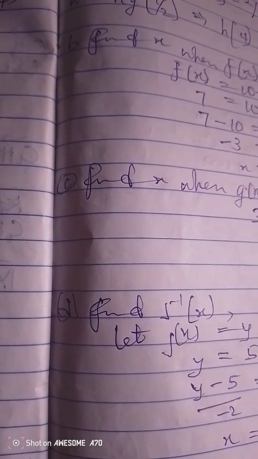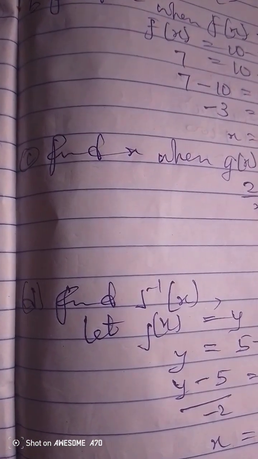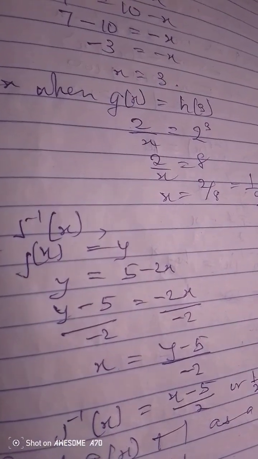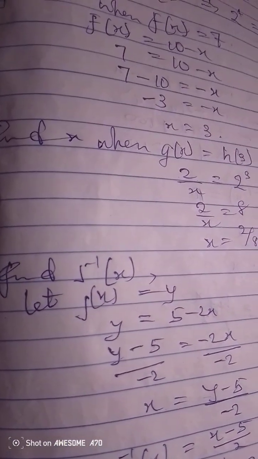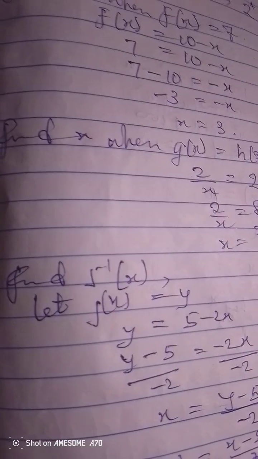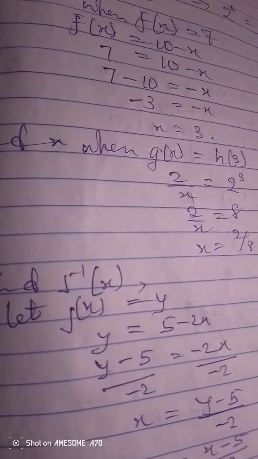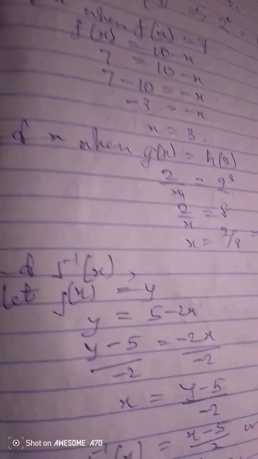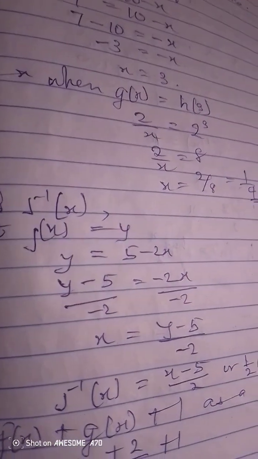To find the j inverse of x, let j of x be equals to y, which means y is equals to 5 minus 2x. Therefore, trying to make x the subject of the formula, we carry 5 to the other side, it becomes minus 5. We divide both sides by the coefficient of x, which is minus 2. So x is equals to y minus 5 over minus 2.